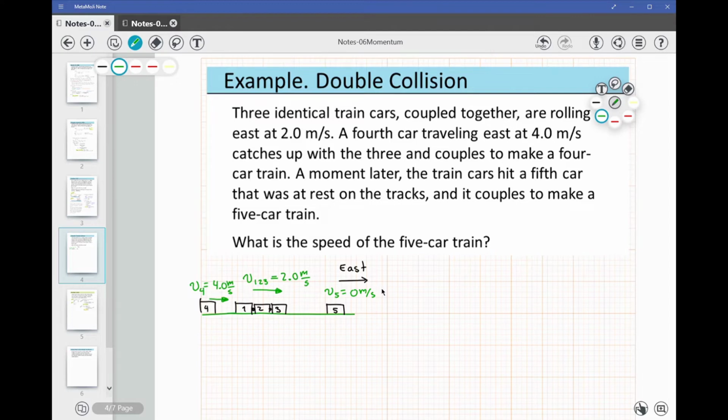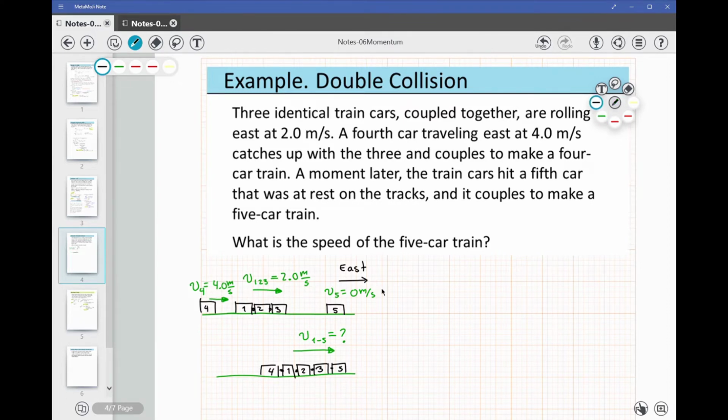And the question is, what is the speed of the 5-car train? So after the trains stick together, we would like to know what is their final velocity, which we can represent as velocity 1 to 5, and this is what we would like to find.